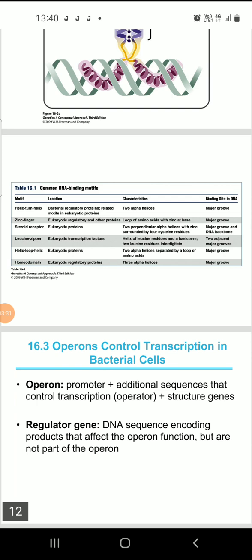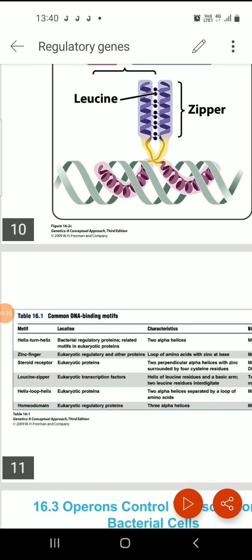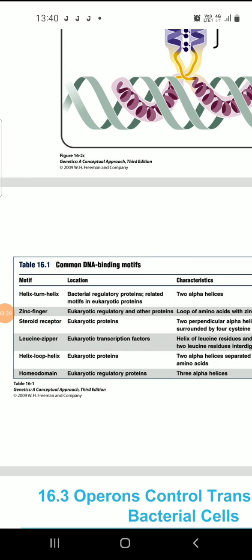So here we have to consider what are the common types of the binding motifs. The motifs are helix turn helix, zinc finger receptor, then leucine zipper, helix loop helix, and homeodomain.